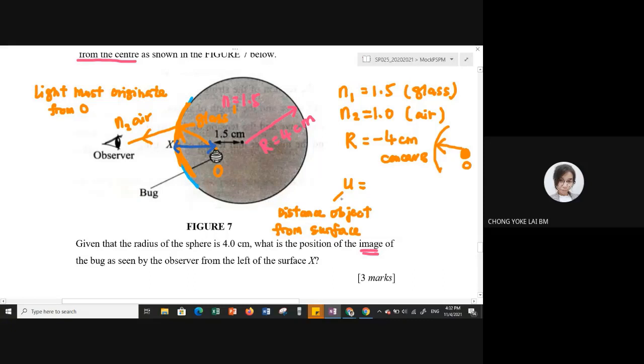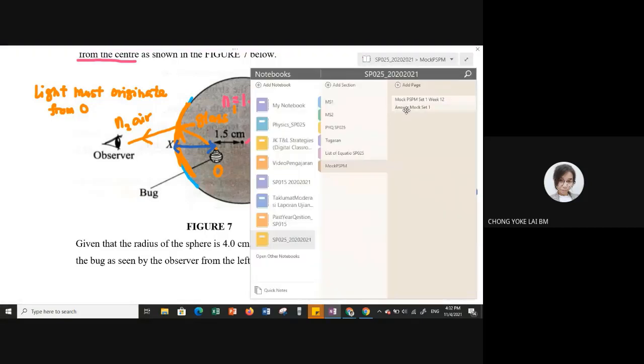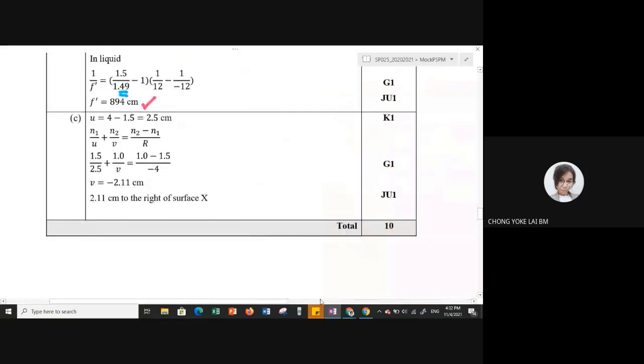So, U ni bukan 1.5. So, U ni adalah 4 tolak 1.5. Jangan kena tipu. 4 minus 1.5. Sebab distance is from the object to the surface. This is our surface. So, we get 2.5 centimeter.